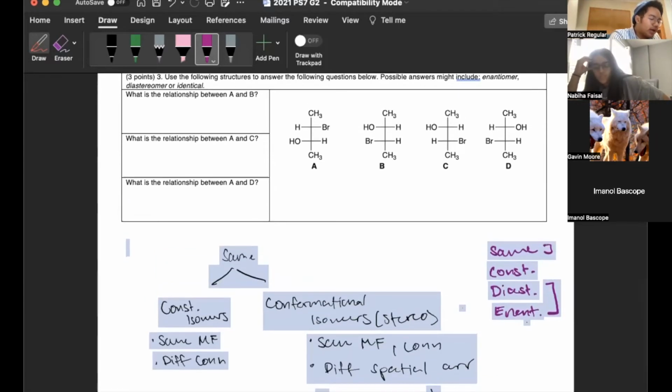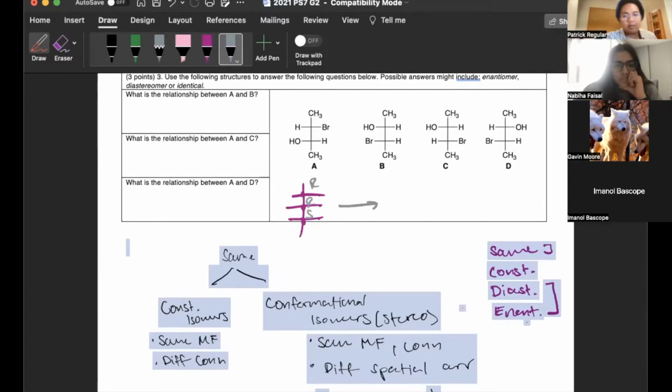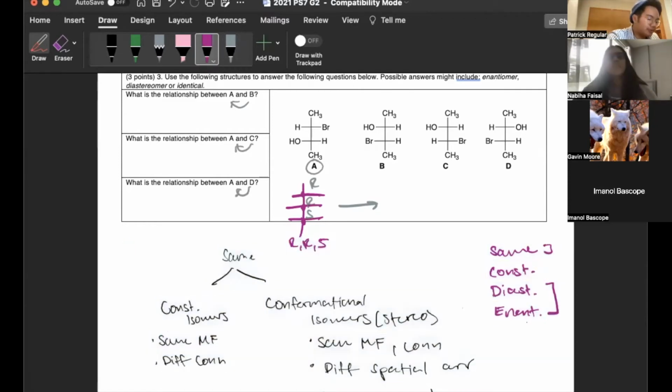So if we had, for example, three chiral centers, and they were R, R, S. Remember, Fischer projections are relative conformations. So you see how this one's always comparing it to A. Pretend that was A. If our main one is R, R, S, I always like writing it out.